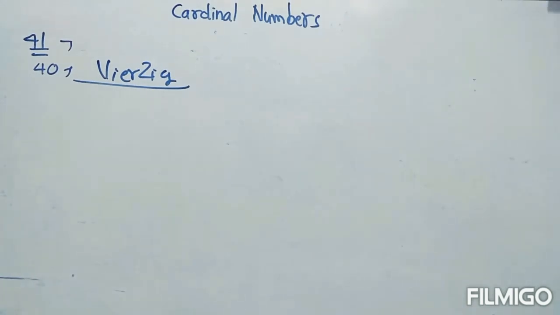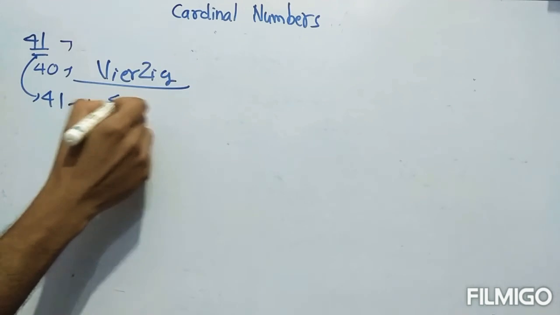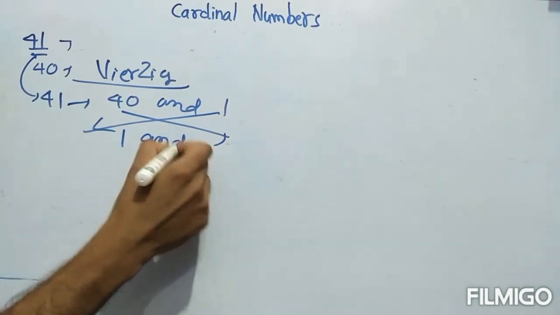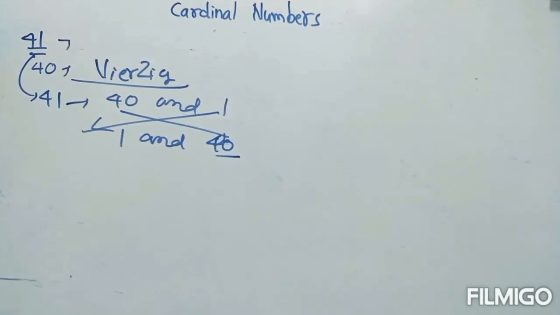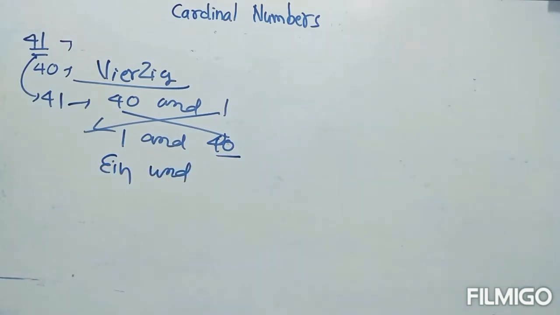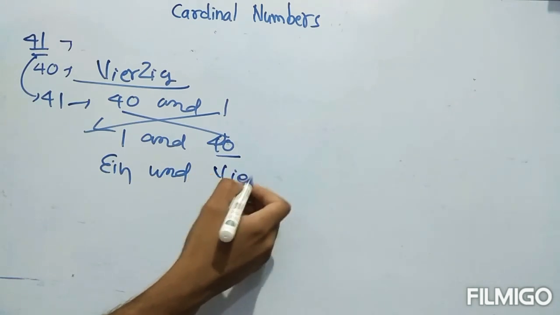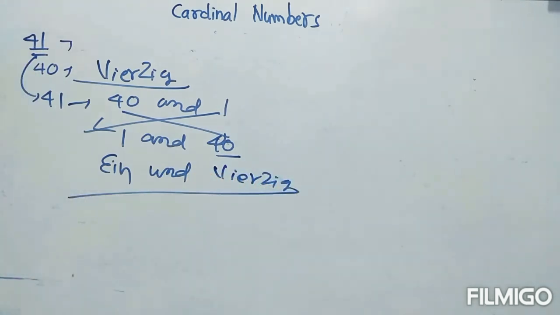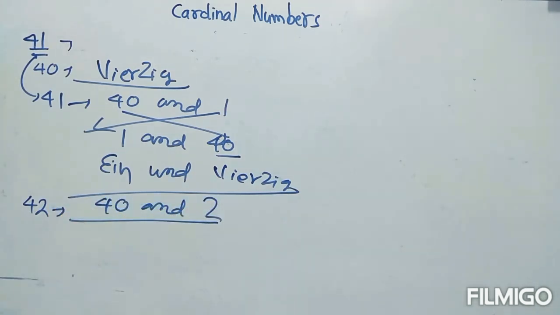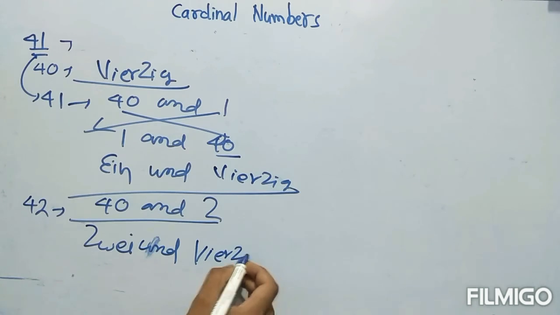So follow the same pattern. 41, 40 and 1 exchange, 1 and 40. 1 is ein, and is und, and 40 is vierzig. This becomes ein und vierzig. 42, 40 and 2. 2 becomes zwei, und, and 40 becomes vierzig.